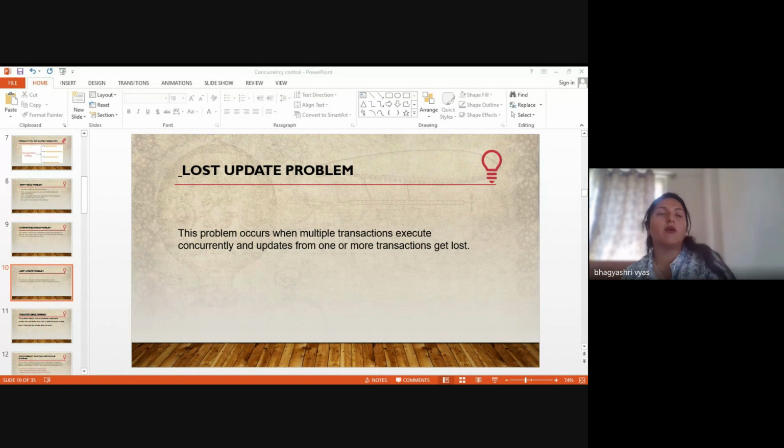Whenever they ask this kind of question, you have to explain it with examples, using the read and write operations. In simple terms, when two transactions are updating the same record at the same time, but my database system is not getting the latest update, then we have the lost update problem.